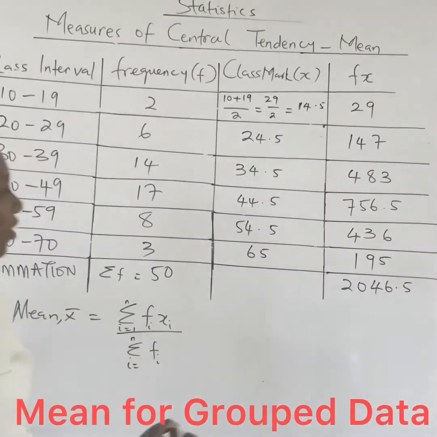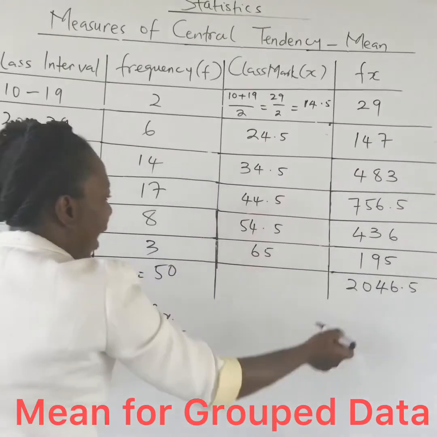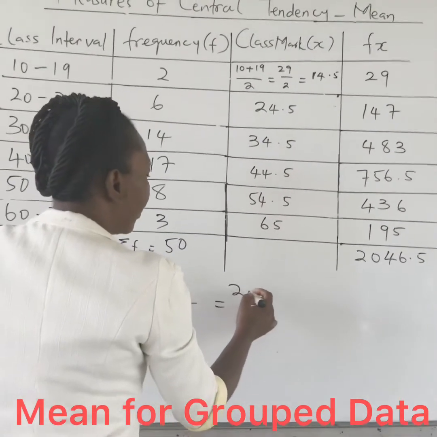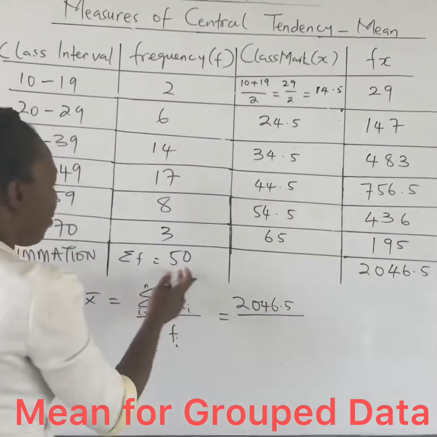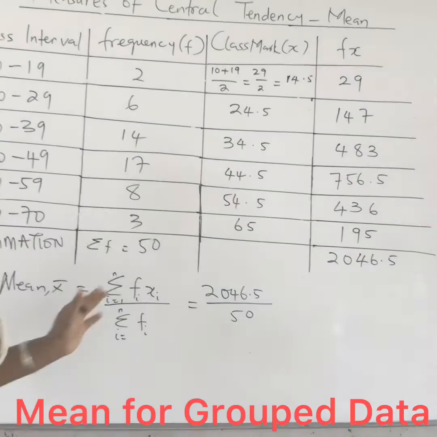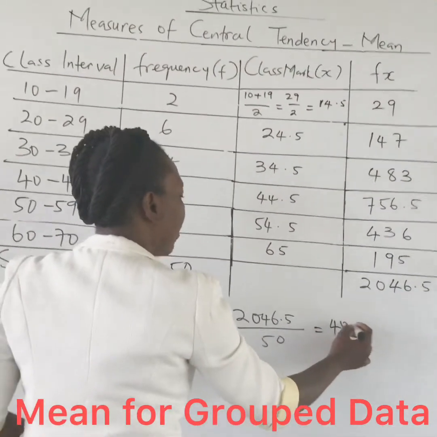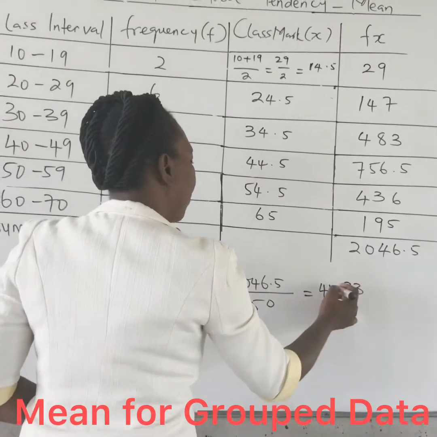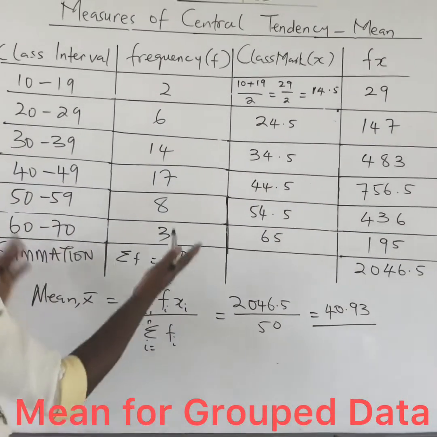So here we have calculated the sum of the product of the frequency and the class mark, and we have 2046.5 all over the sum of the frequency, which is 50, okay? You now divide. So if we divide, we will have 40.93. 40.93 is the mean of this distribution.